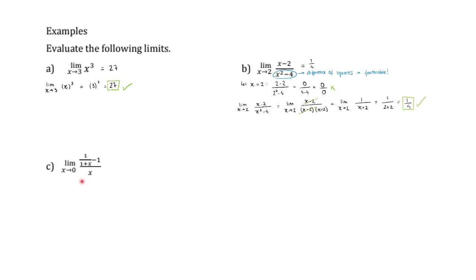Of course, we can almost immediately see that's not going to work because it's going to have us divide by 0. But nonetheless, let us do it just so that we actually see it. We are going to have 1 over (1 plus 0) minus 1 over 0. And here, of course, we are dividing by 0, which is a big no-no.